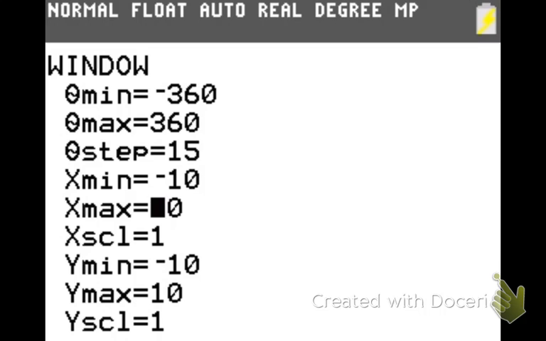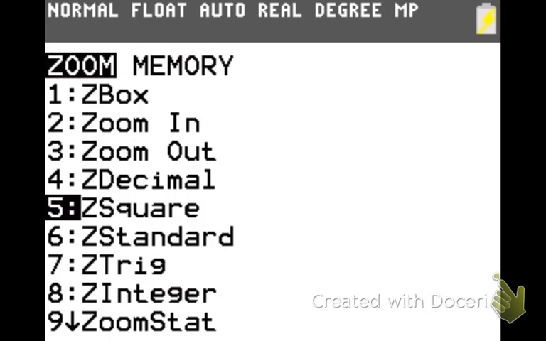We're going to go to the window and change your settings in your window. We want to go from negative 360 to positive 360 with a theta step of 15. So we want it to graph every 15 degrees. Then we're going to go to zoom, and this time I want to do number 5, zoom square, because you're going to notice some of these are going to look a little squished sometimes.